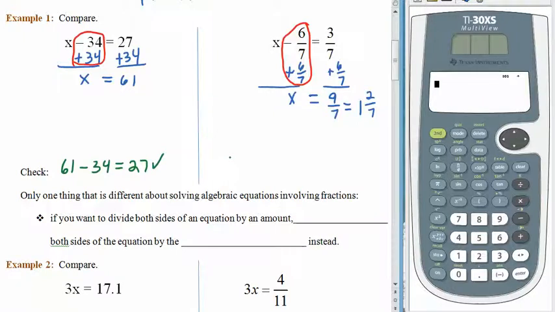It's just a little easier to work with that way. So we have 9/7 minus 6/7, and that equals 3/7, which we know, and that one checks also. Okay, so not all equations are that simple, but the ideas are the same. If we're going to undo subtraction, we'll use addition. If we're going to undo addition, we'll use subtraction.